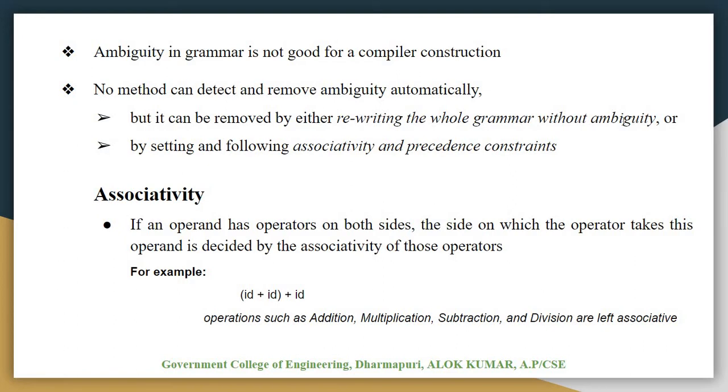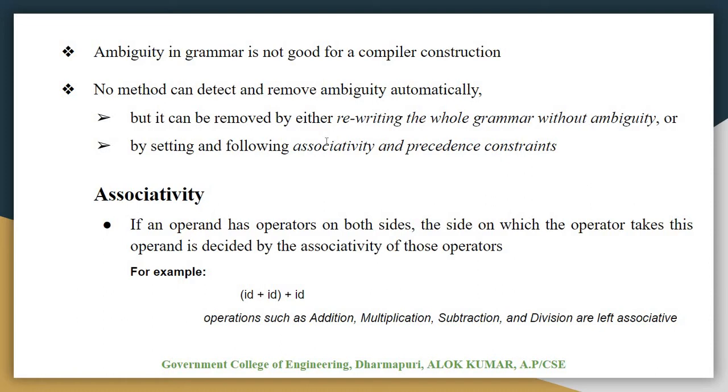Suppose some grammar has ambiguity, we can rewrite that grammar again in such a manner that it does not have ambiguity. And the second one is setting and following associativity and precedence rules, by which we can remove the ambiguity.